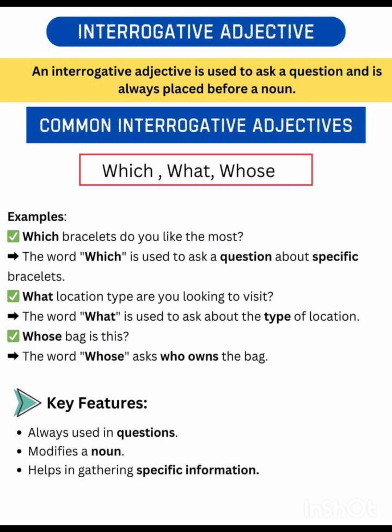So this is the basic distinction between interrogative pronoun and interrogative adjective. So what are the key points you must consider while using interrogative adjectives? First, it always asks a question. Second, it modifies a noun. And third, it helps to gather specific information.